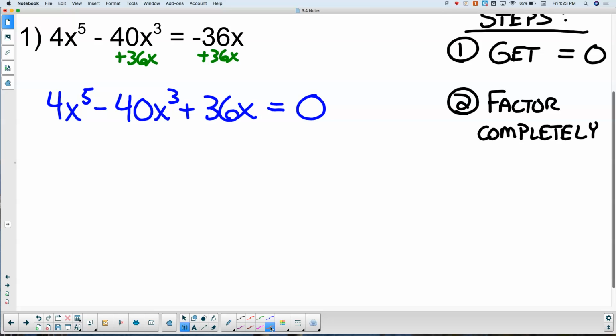What GCF did you come up with? 4x, yeah, because each term has an x in it, doesn't it? Yeah, so 4x, love it. That leaves me with x to the 4th power minus 10x squared plus 9.